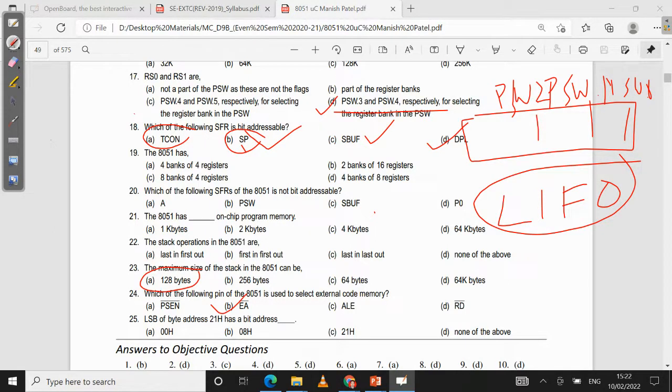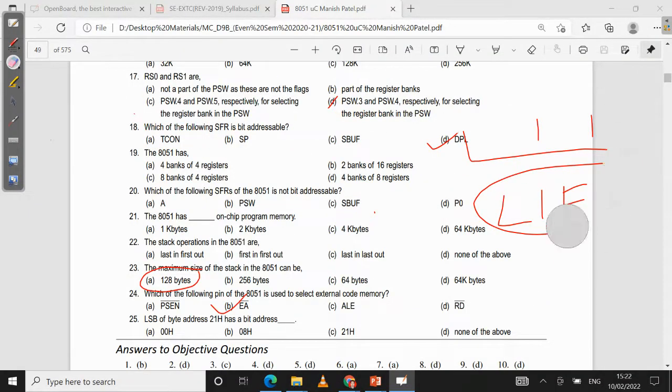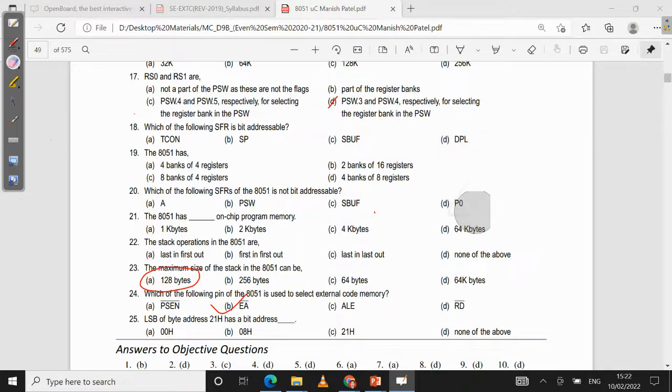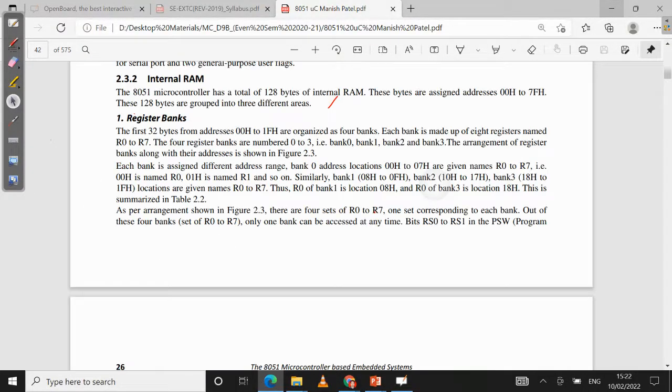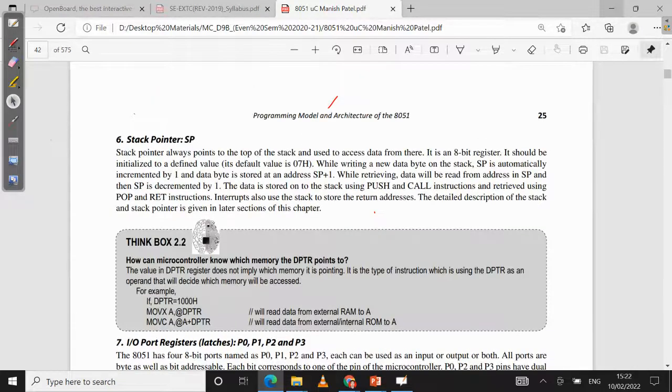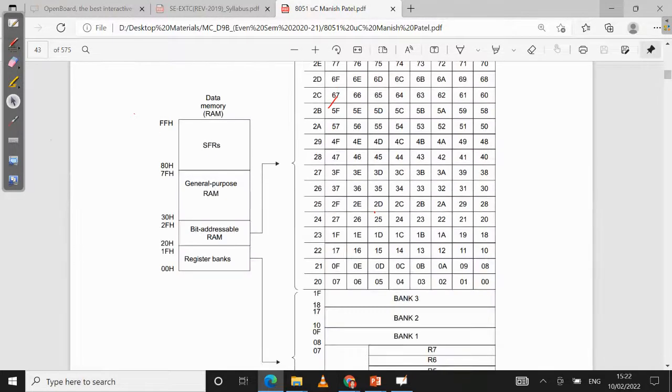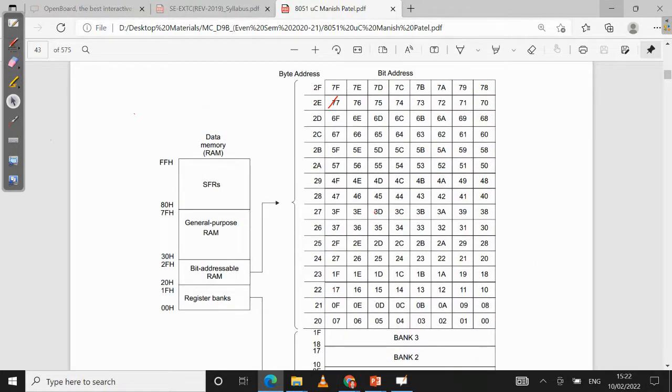Now see the figure. Tell me the answer. 08. Very good.